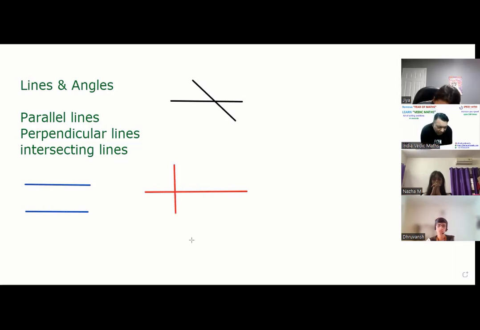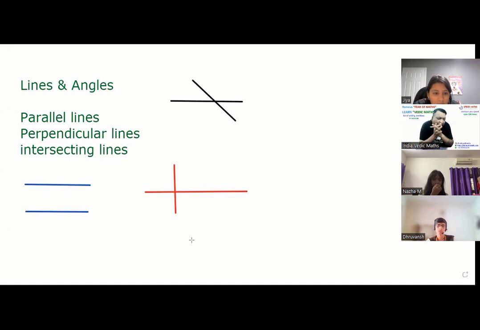Good. Tell me, Naja, which of the three, blue, red, or black, are parallel lines? Sir, blue, because they're not touching. The lines never meet. Jia, which are the perpendicular lines, blue, red, or black? Red, because it's a straight line and it's a 90-degree angle. Correct.